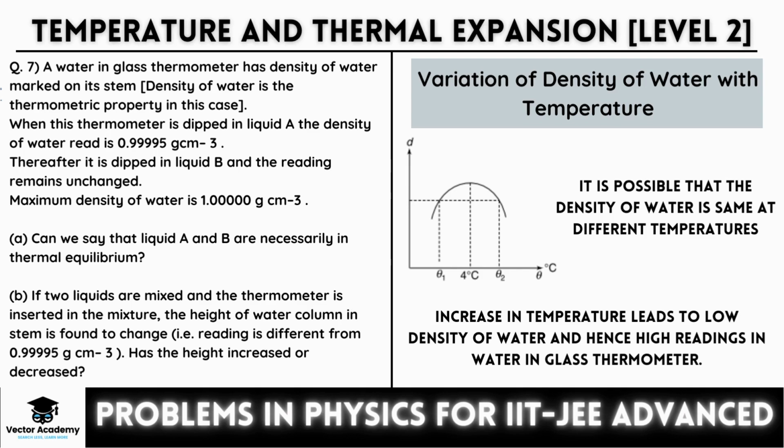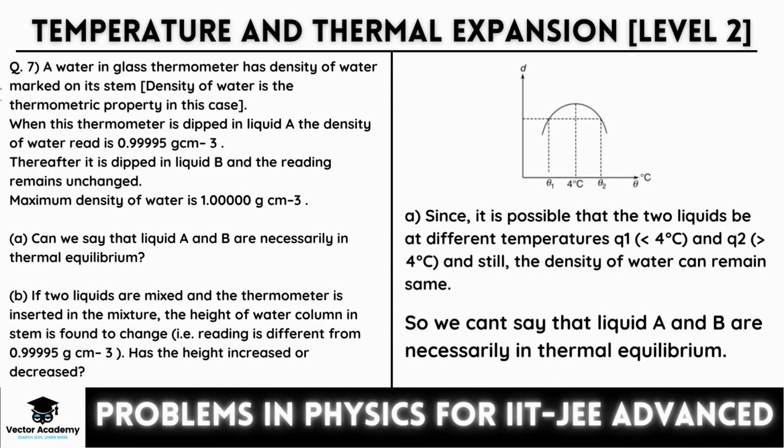From the curve, we can conclude that it is possible that the density of water is the same at different temperatures. Increase in temperature leads to low density of water and hence high readings in the water in glass thermometer, as water becomes less dense and so it will rise high.